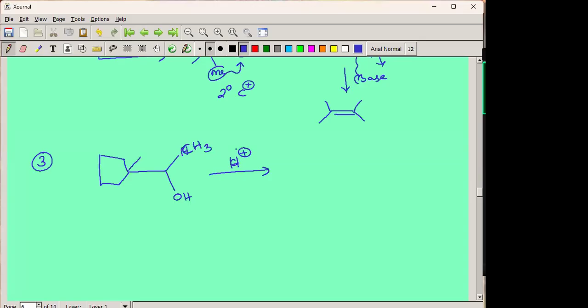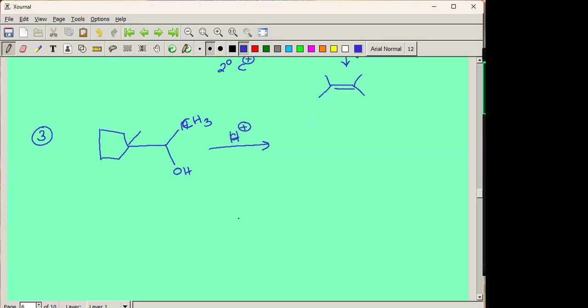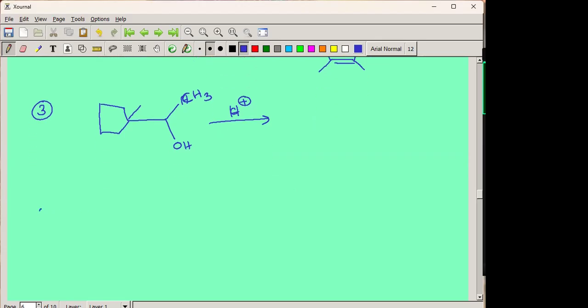What we get? A product form out into third one, fourth one.